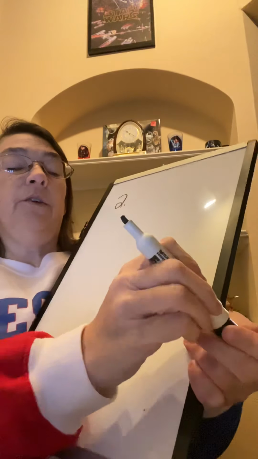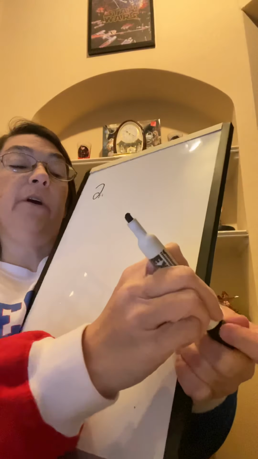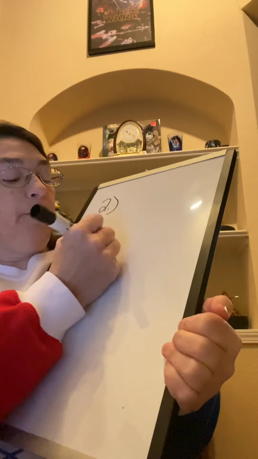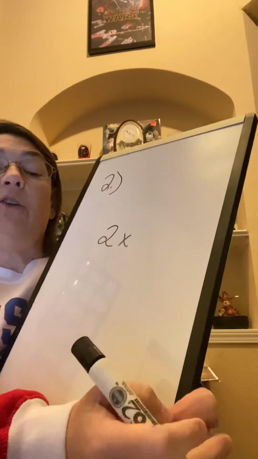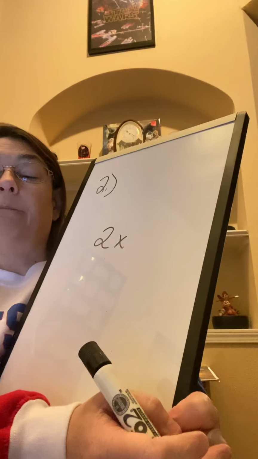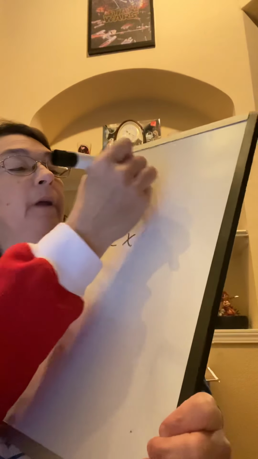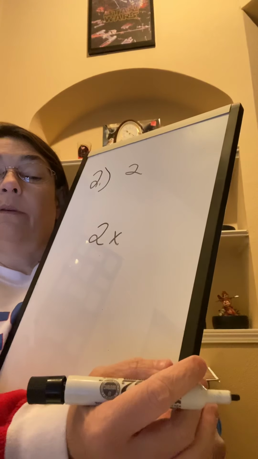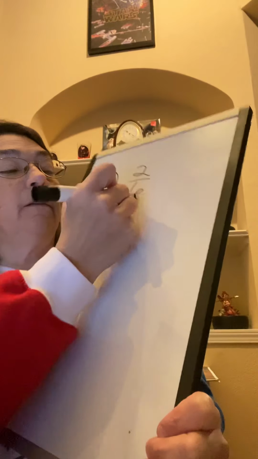All right, so first off, I know that there's going to be 2 that we're going to multiply by. So I'm going to put my 2 right here times, and I'll figure that out in a minute. Now, I need to look at the pie. How many pieces are there? 2. How many total pieces? 6. Okay?